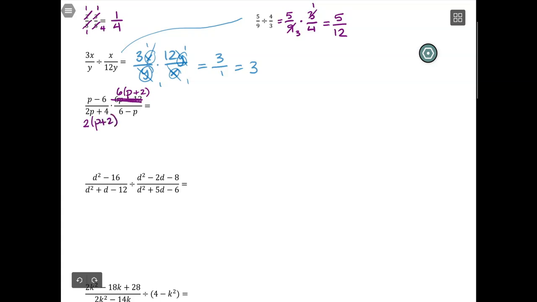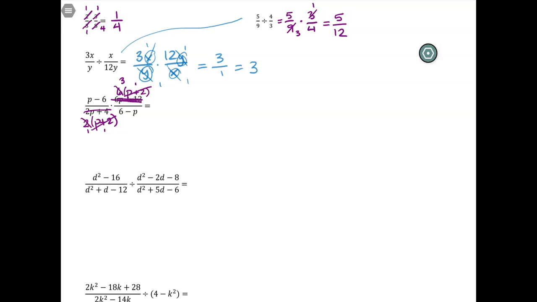So this is good. I can cancel a p plus 2. And I can also cancel a 2. And I'm left with 3 over 1. And then the only other thing I have to deal with is p minus 6 and 6 minus p, and those are really tempting because they're so similar. But I can't cancel now, they're not exactly the same.